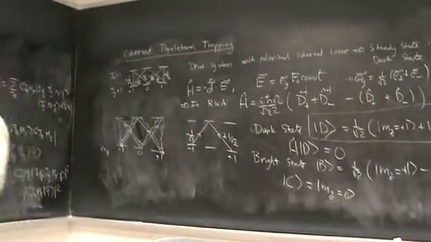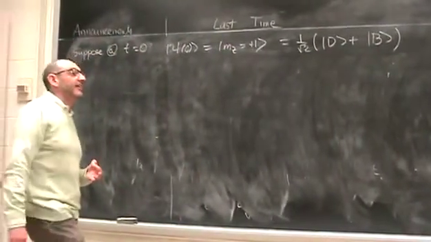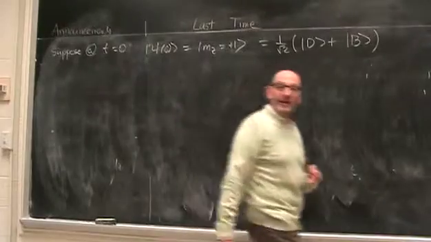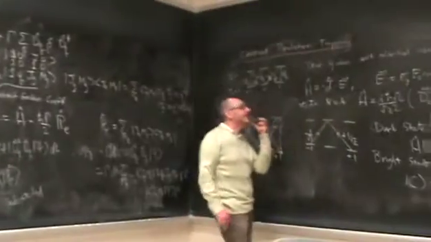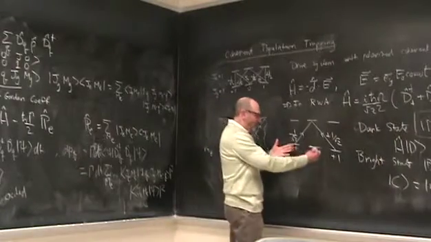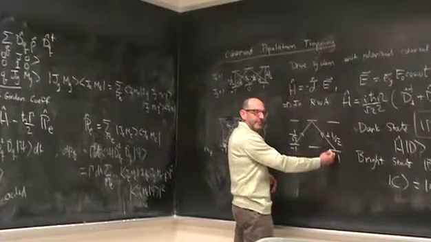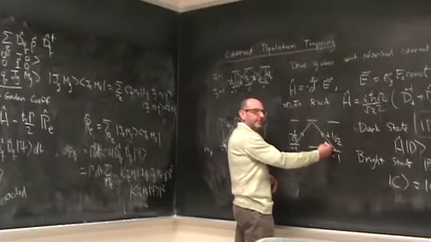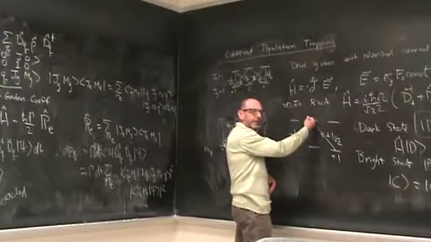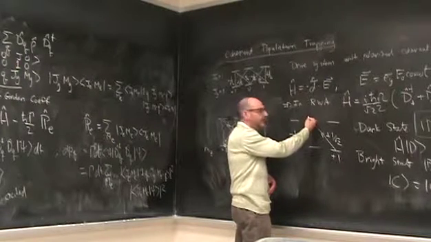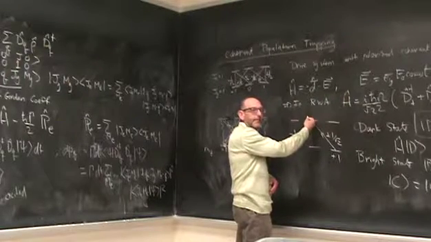Well, in a given time interval, delta t, we can ask, are you going to jump or are you not going to jump? We're going to drive, this is like the damped Rabi oscillation problem that we studied before, but now it's not just that it can come back to the same level, it's going to start driving into the excited state, and depending on the probability to be in the excited state, it's going to have some probability to spontaneously emit.